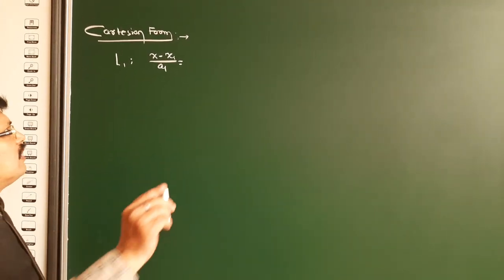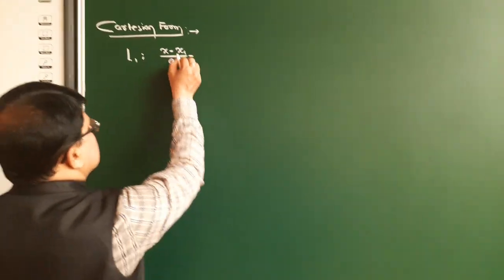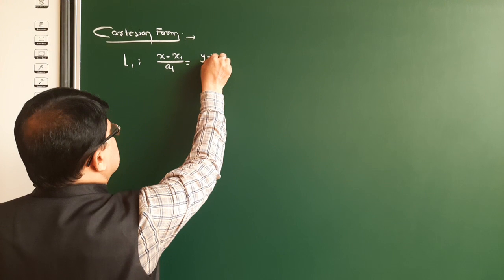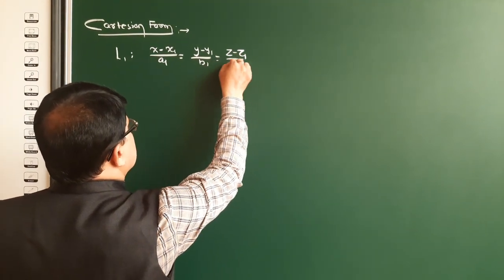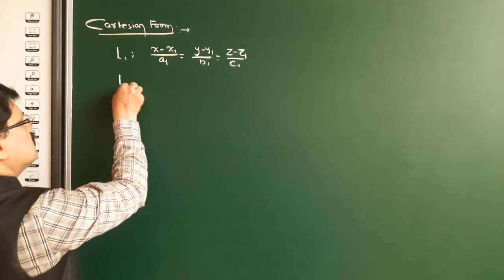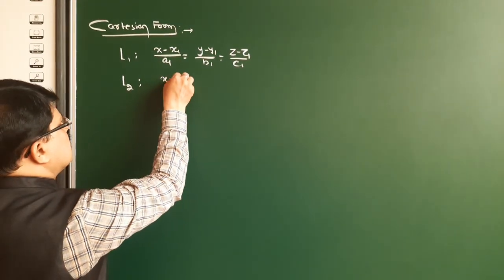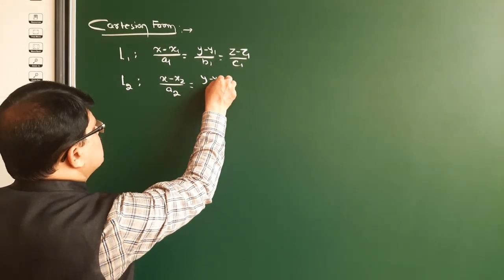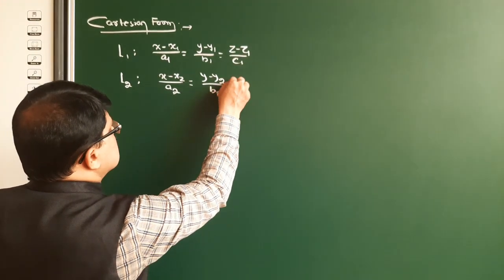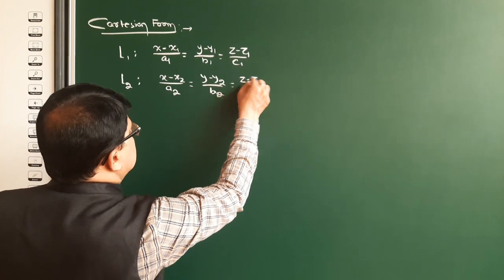So in Cartesian form, if L1 is the line x minus x1 by a1, y minus y1 by b1, z minus z1 by c1, and another line L2 is x minus x2 divided by a2, y minus y2 divided by b2, z minus z2 divided by c2.